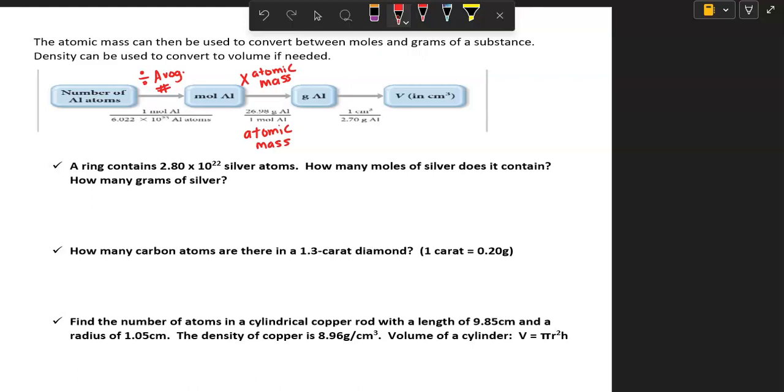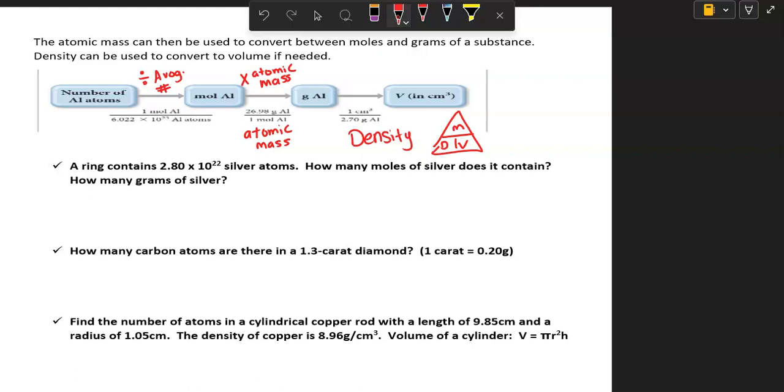If you wanted to go from grams of aluminum to, say, volume in cubic centimeters, okay? Anytime you're converting between grams and volume, you're using density. Because remember the triangle? Density is mass over volume. So density is a conversion factor between mass and volume.